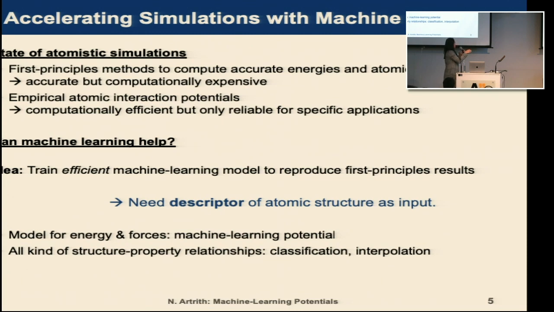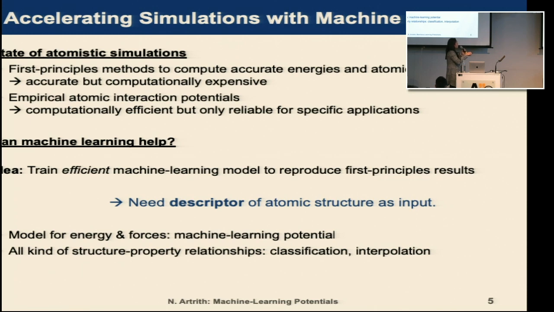We know that first principle methods can produce accurate energy and forces, but are quite expensive. And the empirical atomic interaction potentials are efficient, but most of the time they are not reliable for all kinds of systems that we would like to use them for.